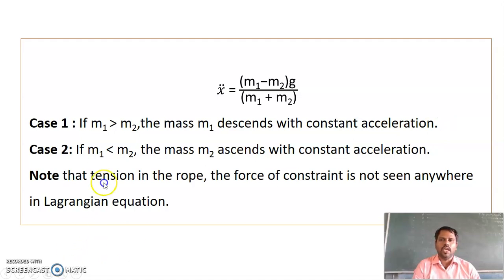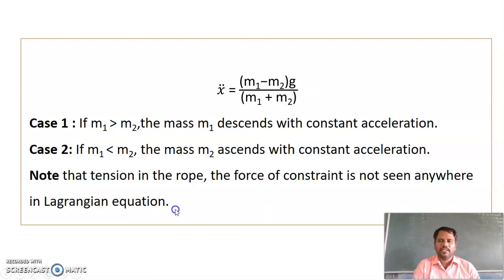Case 2: if m1 is less than m2, then mass m2 descends and m1 ascends with constant acceleration. If both masses are equal, then x double dot is equal to 0, and the masses move with a constant velocity.